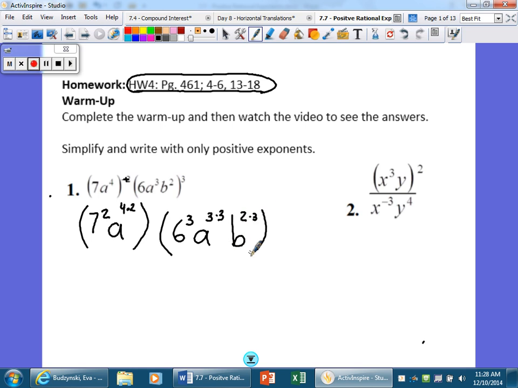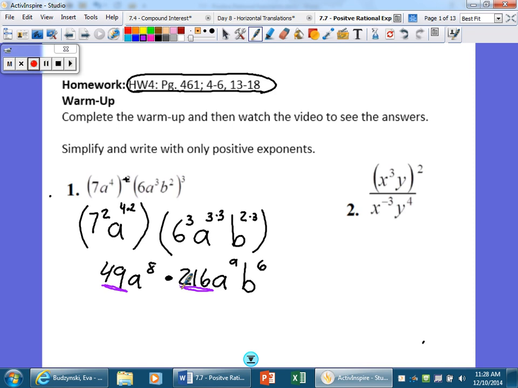And now I simplify. So 7 squared is 49, a to the 8th times 216, because that's 6 to the third, a to the 9th, b to the 6th. Now the only ones I can combine are the 49 and the 216.